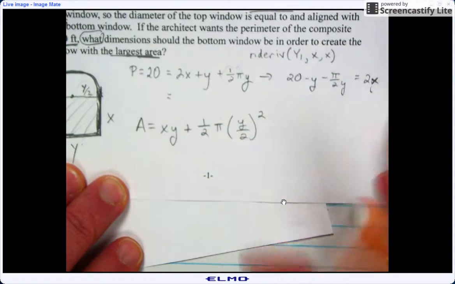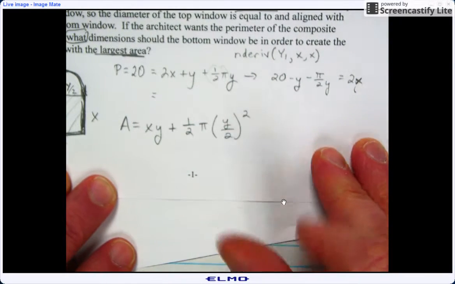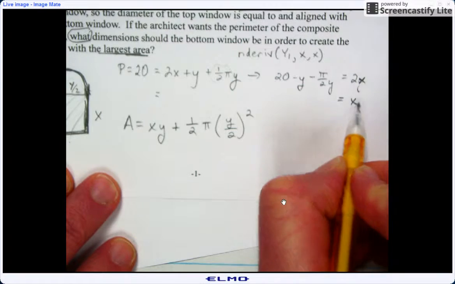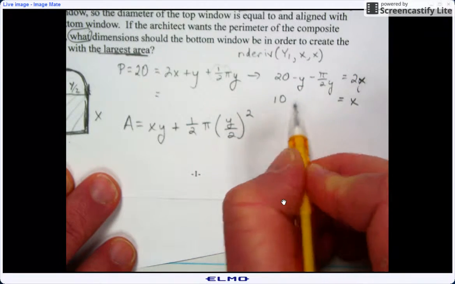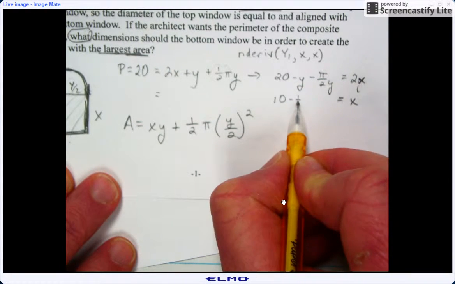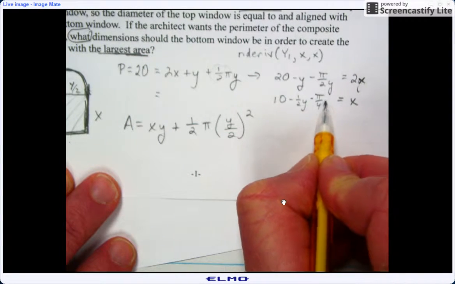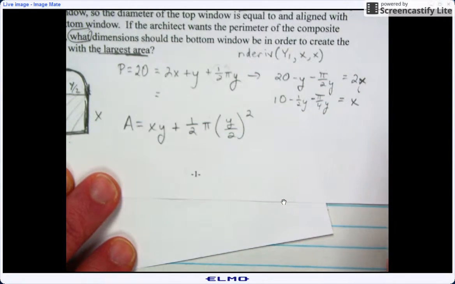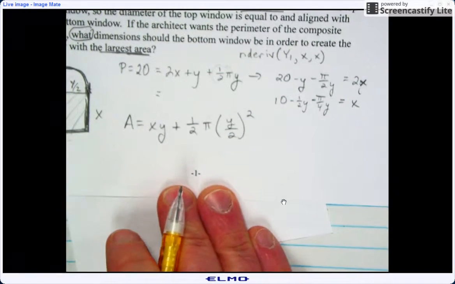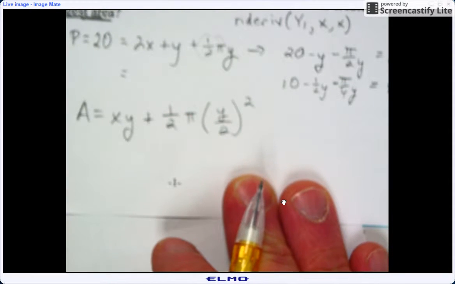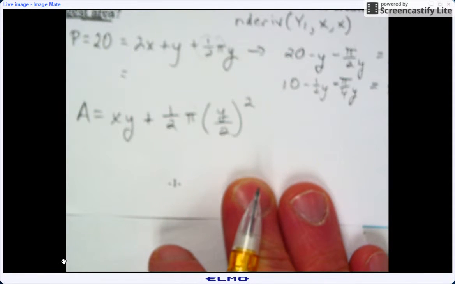And then divide by 2. So x equals 10 minus a half y minus pi over 4 y. This is not going to be a pretty situation when we substitute this back in. And I will finish this and put it on Classroom for you.